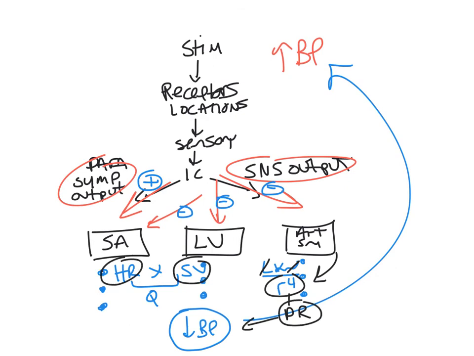Heart rate and stroke volume affect cardiac output, which affects blood pressure, because blood pressure is cardiac output times peripheral resistance. Cardiac output is heart rate times stroke volume, and peripheral resistance is affected by radius.